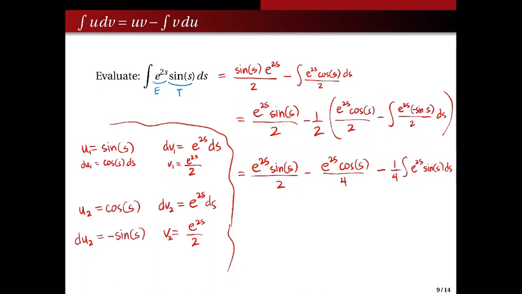And furthermore, if you look at this, the coefficient of this integral on the left-hand side is 1. On the right-hand side, the coefficient is negative 1/4. They don't have the same coefficient, meaning they will not cancel. Meaning, we can combine them.